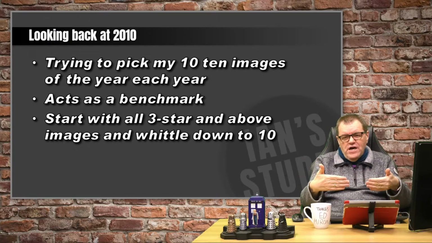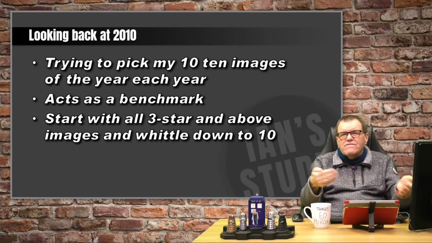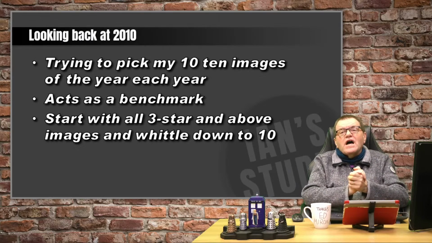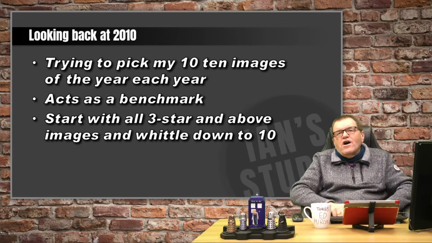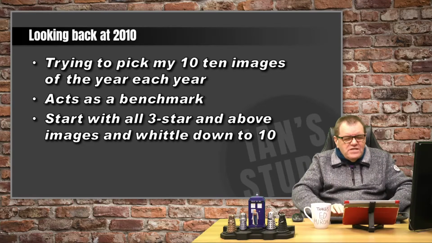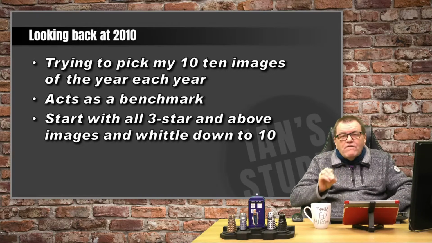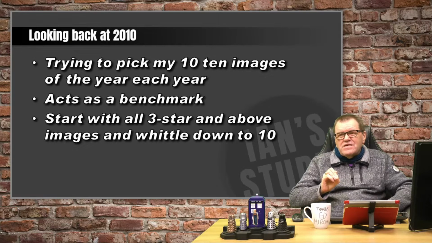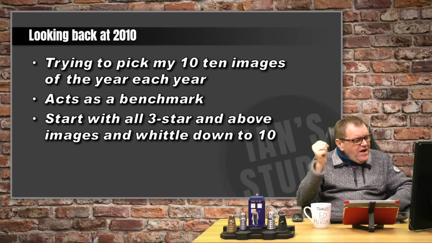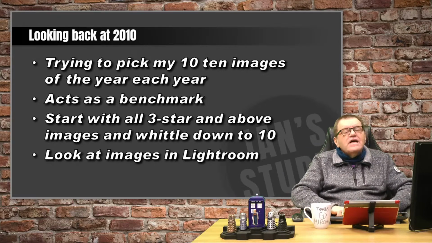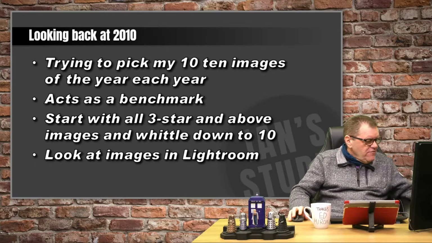I looked at those, decided which was the best, and whittled it down that way until eventually I got 20, and then it really got hard going through those 20 images to try and find 10 of them. And sometimes it's, well, I really want to keep that image in, but the others are better. And eventually I got 10 images, which I'll now show you in Lightroom.